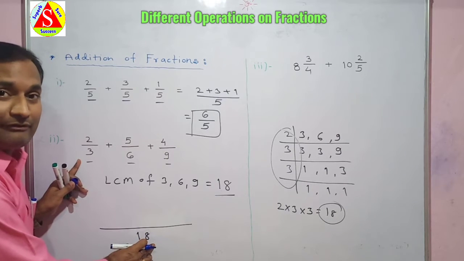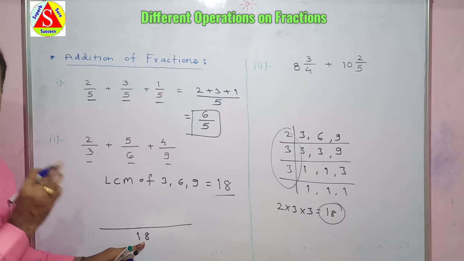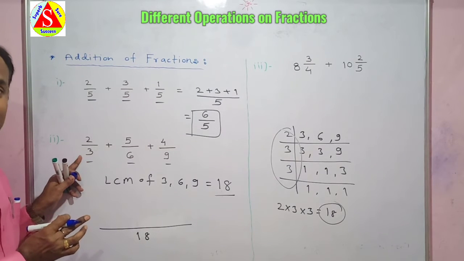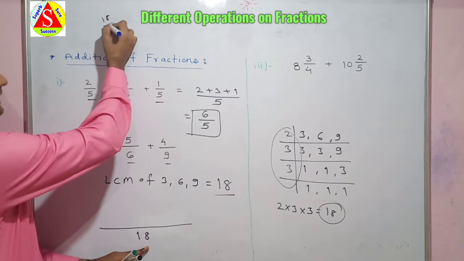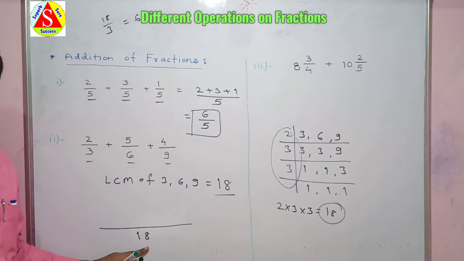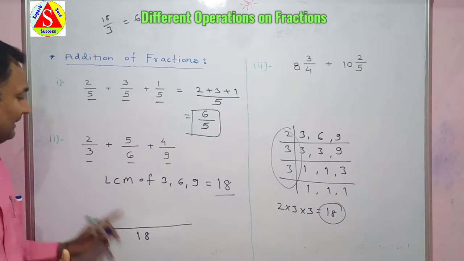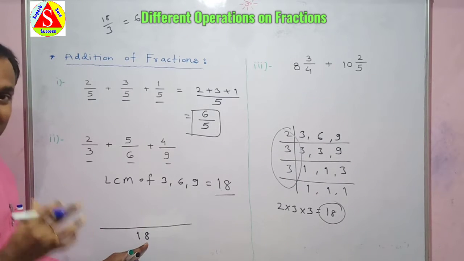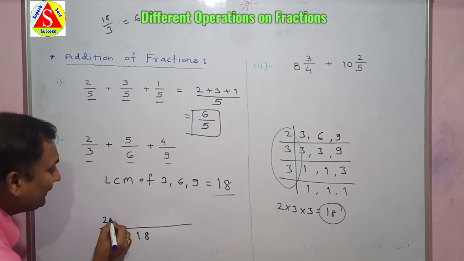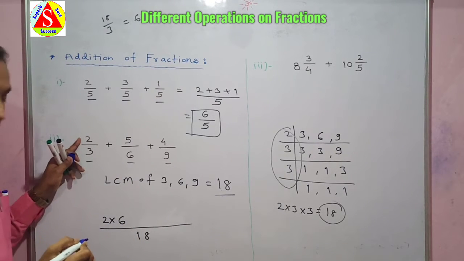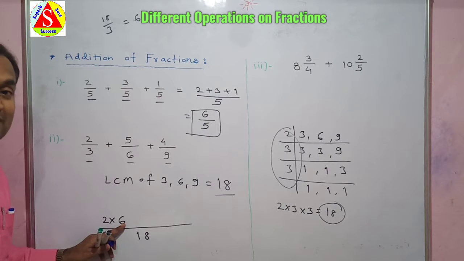So just divide the LCM by 3. When we divide 18 by 3, we have 6, or we can say that 3 6s are 18. So it means we have to multiply the numerator by 6. Here it is 2, so we will write 2 into 6.